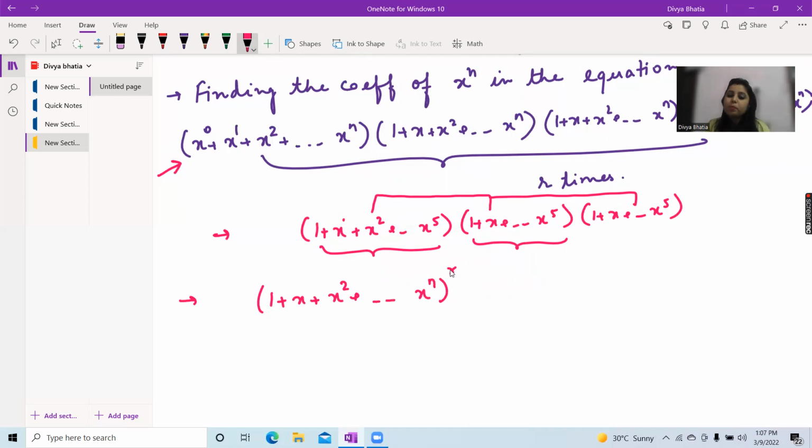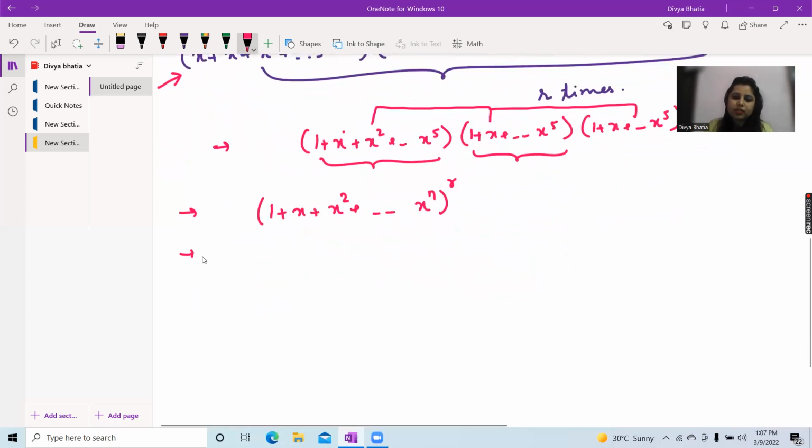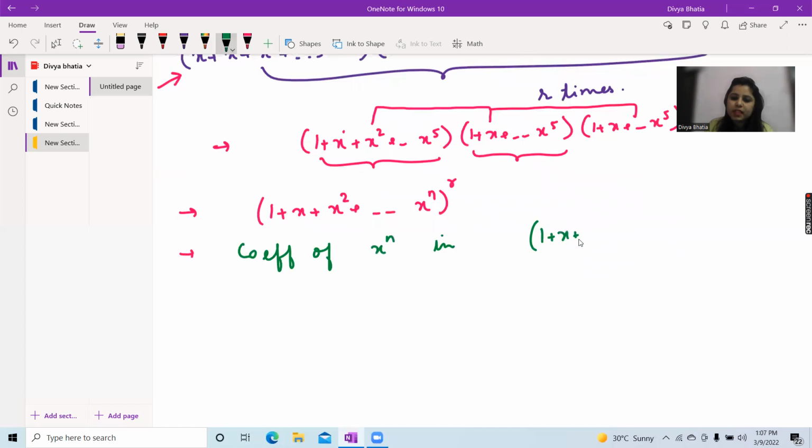So now our problem of the permutation and combination reduces to finding the coefficient of x to the power n in this particular expression, 1 plus x plus x square up to x to the power n whole power r.